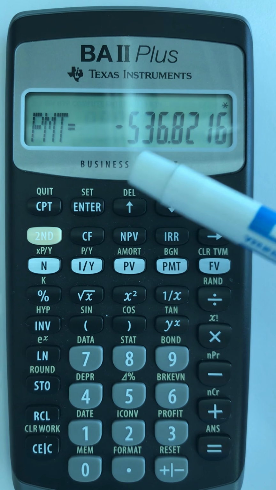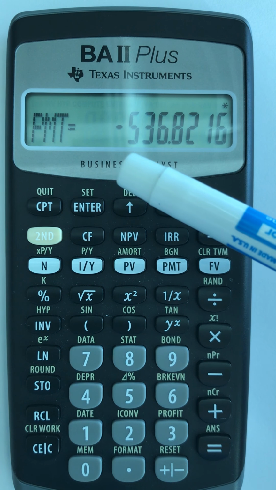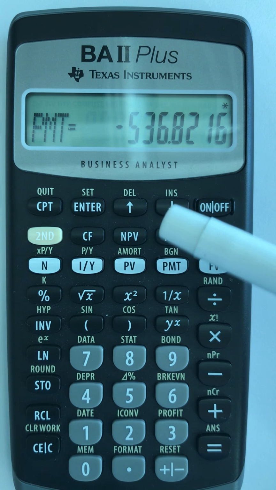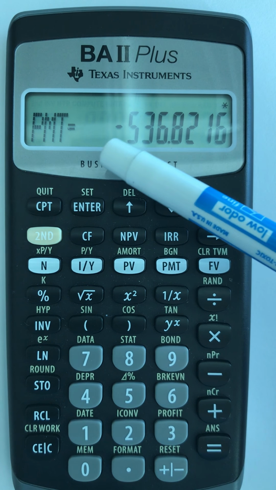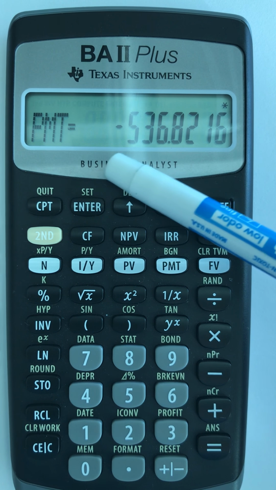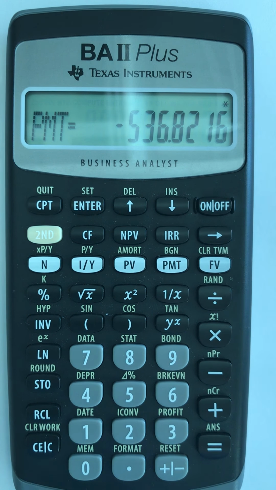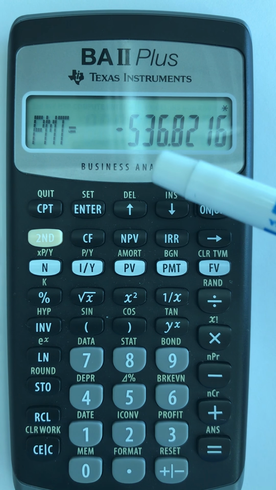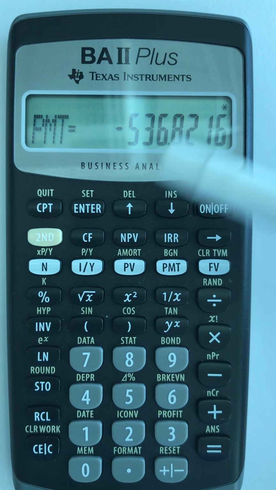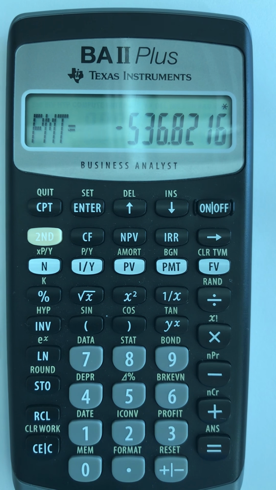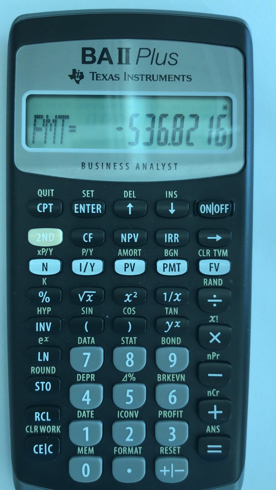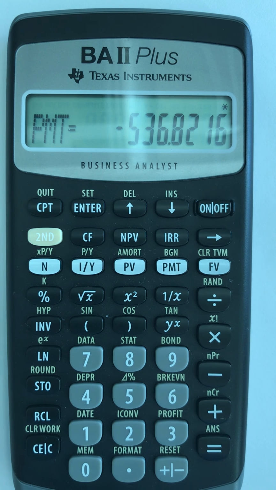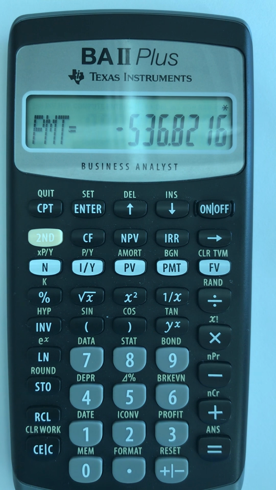And now you can tell our monthly payment is $536 per month, and the sign of minus indicates a cash outflow. So if you are paying some form of mortgage already, like automobile or home mortgages, you can compare the loan size of the mortgage that you have.